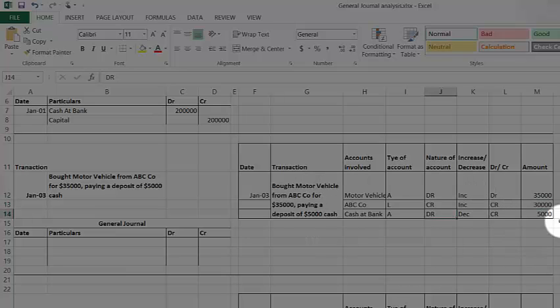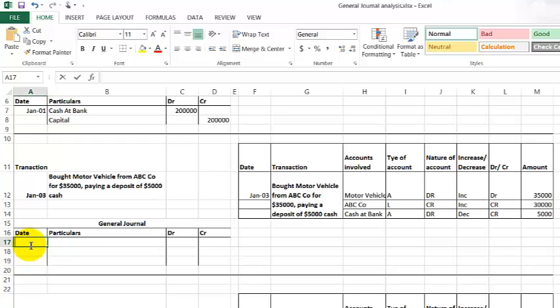So we've done our analysis. We've worked out what debits and credits are. Importantly, this part back here. Let's put that into our general journal entry. So on January the 3rd, we bought a motor vehicle.